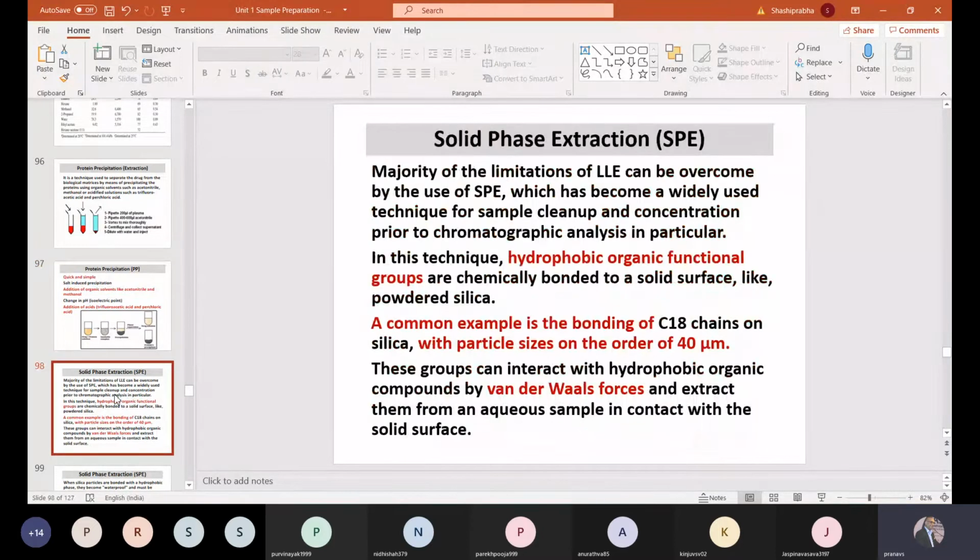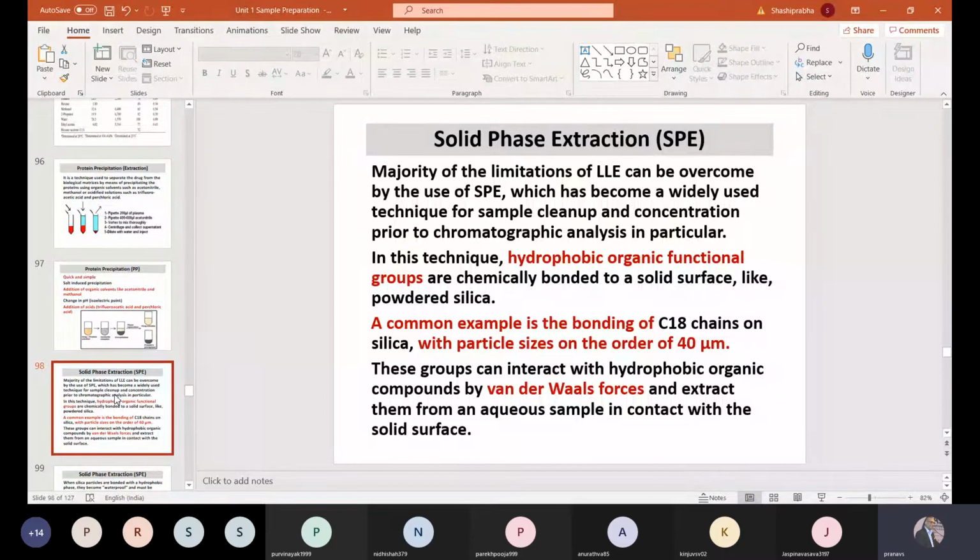Then we move on to a technique which is very selective. See, I've always emphasized the word selective during my lectures in semester 1 and now as well, that whatever work is being done through any process, through any instrument, for any type of analysis, whether it is structural analysis, quantitative analysis, or qualitative analysis, one thing is very important in analytical science: selectivity.